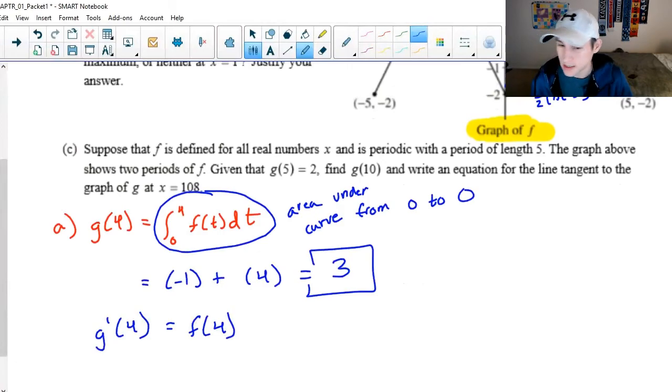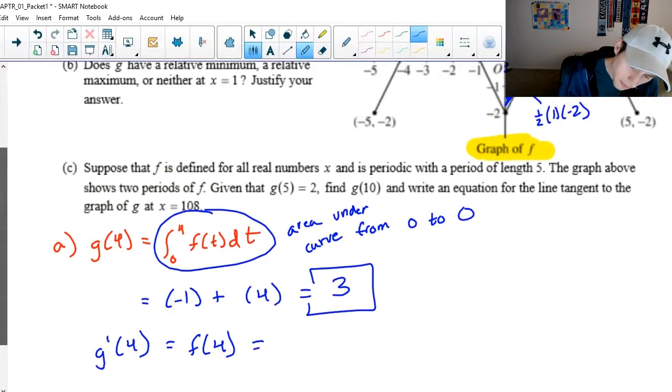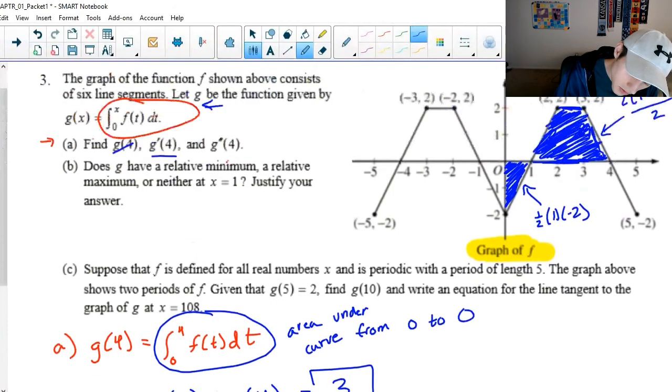Right, g is defined as, we get that by integrating f, so the derivative of g would just give me f itself. It's kind of like the derivative and the integral cancel each other out, just leaving me with f. So f of 4, we can just go straight to our graph. 1, 2, 3, 4. We can see that at 4, the value of f is 0.